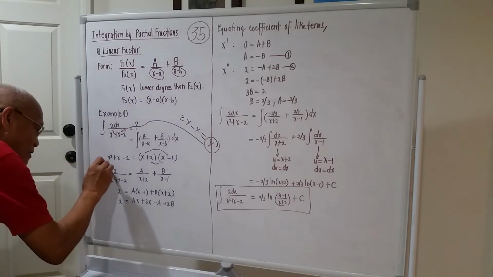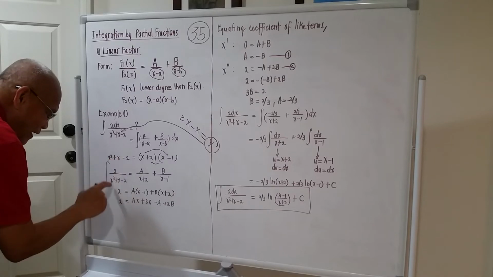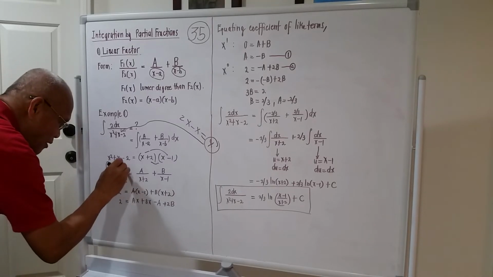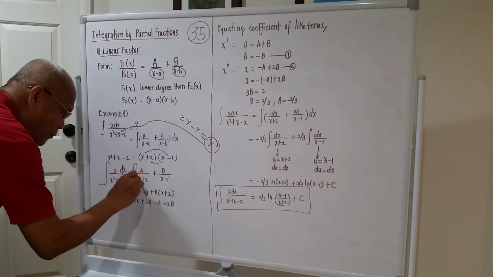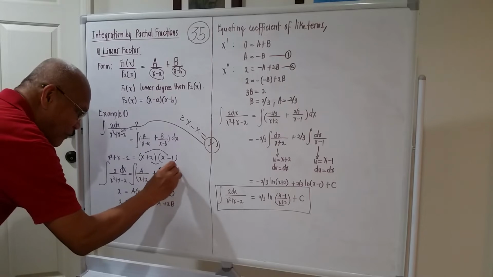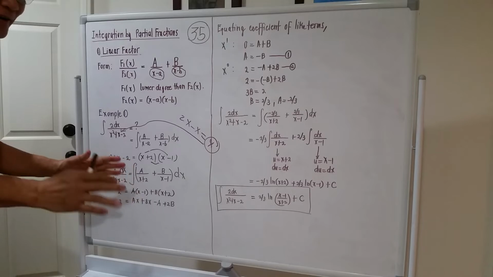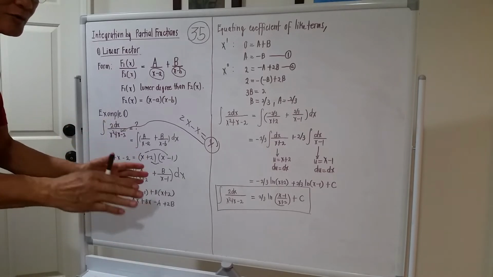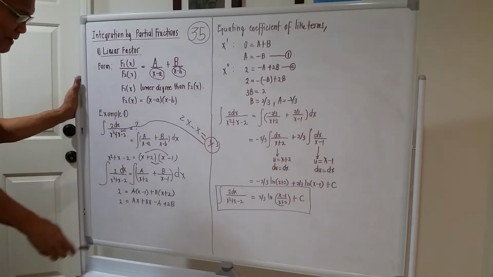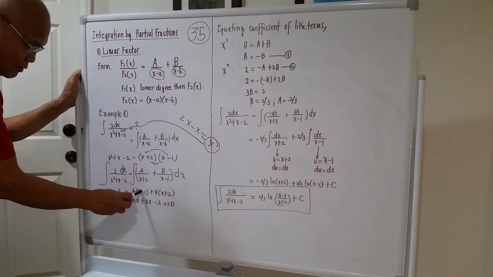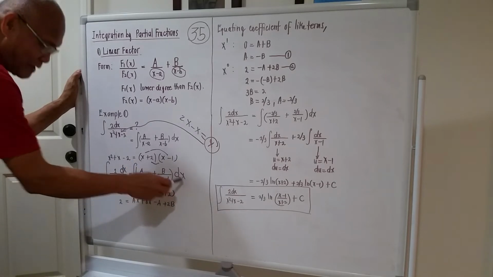We will rewrite the original problem. The integral of 2 over x squared plus x minus 2, multiplied by dx, equals the integral of the right hand side multiplied by dx. As simple as that one. We are now bringing out an equivalent in terms of linear factors as a partial fraction, two partial fractions. It should be A over x plus 2 plus capital B over x minus 1, close quantity dx.